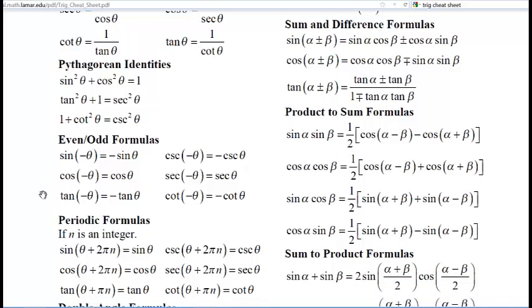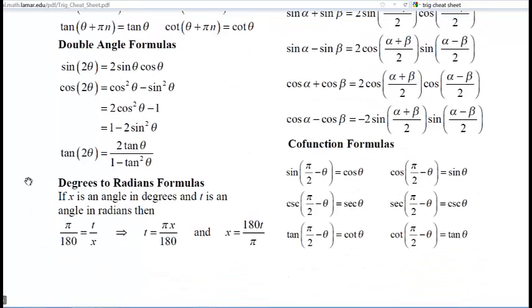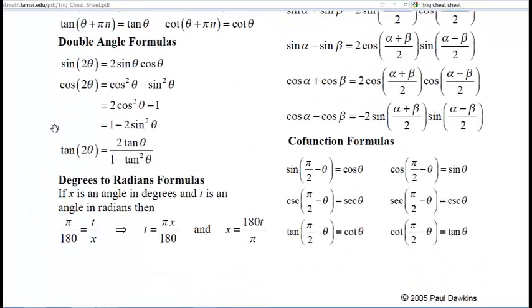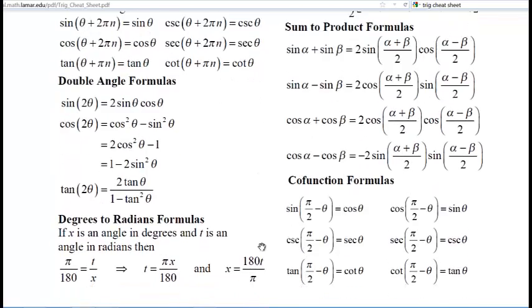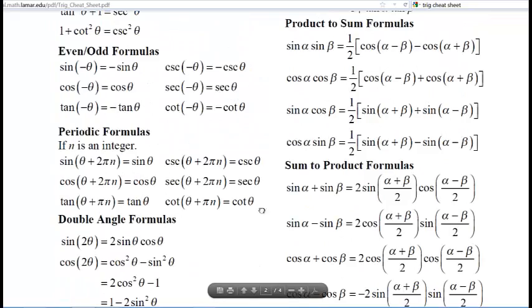Even and odd, you might have called those cofunction identities. I didn't even put those in my chart. I won't say they won't come up, but I didn't emphasize it. Double angles are an example of something that will save you time. If you can recognize it, then that'll make solving the equation that much easier for you. Let's see, I need half angles.